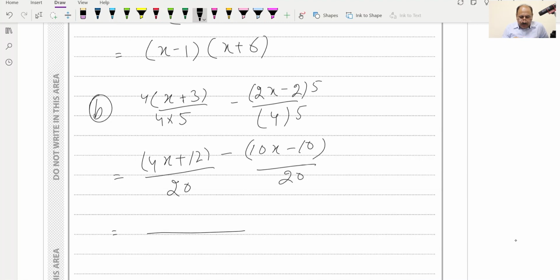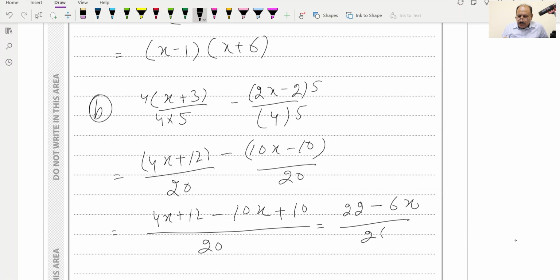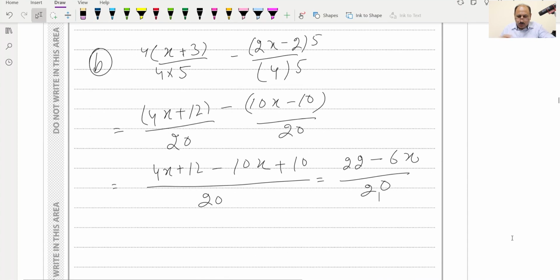Now we can write under the one fraction, adding the numerator, so minus 10x, and because of this minus, this sign will also change and it will change to plus 10, and this will be equal to 22 minus 6x over 20, and we can take basically 2 common, so it will be 11 minus 3x divided by 20, so this will be cancelled and it will be 10.